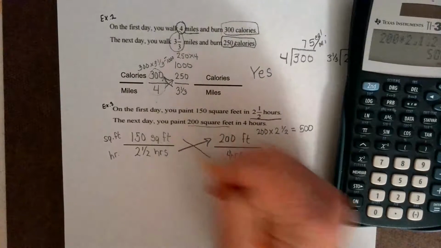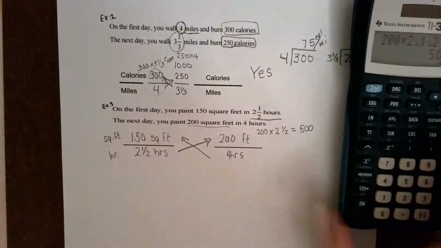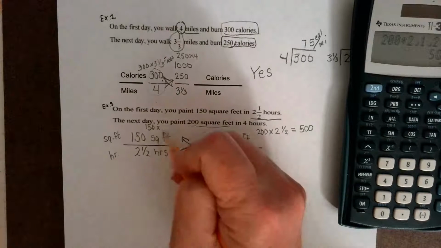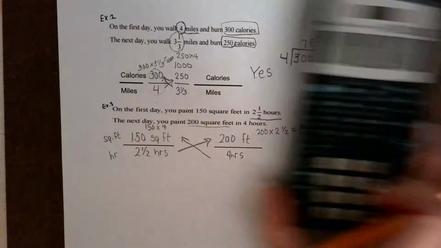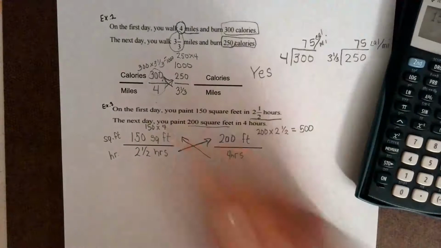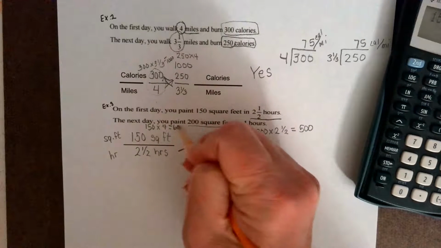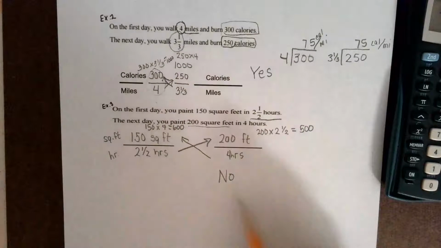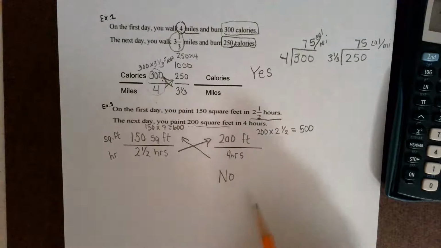And then on the other side, I'm going to do 150 times 4. 150 times 4 is 600. And so these two are not proportional because when you cross multiply, they're not the same.